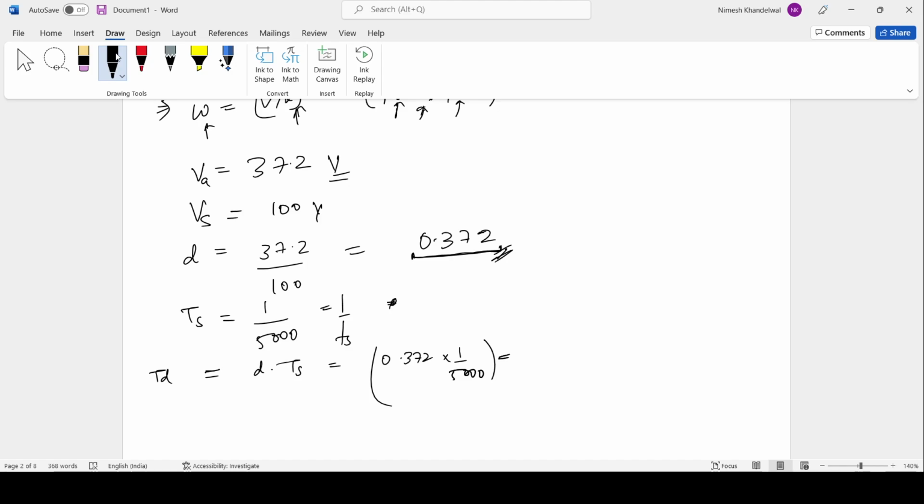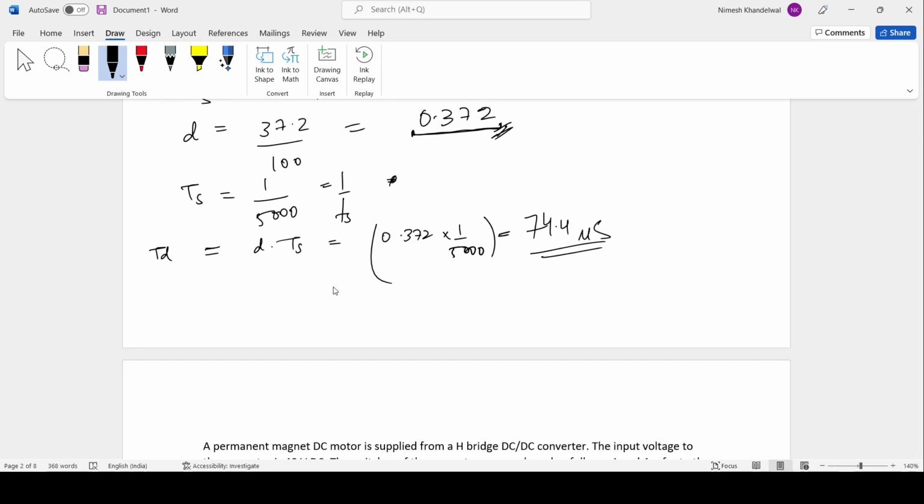So there's 37.2 divided by 5, so 7.44. So this is my 74.4 microseconds. This is the time for which it is on.